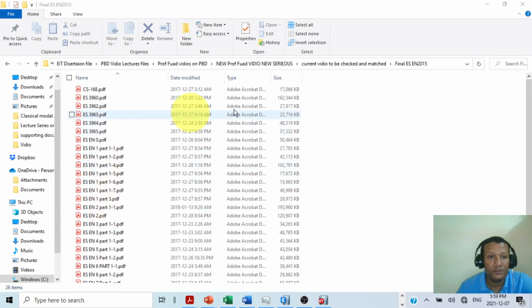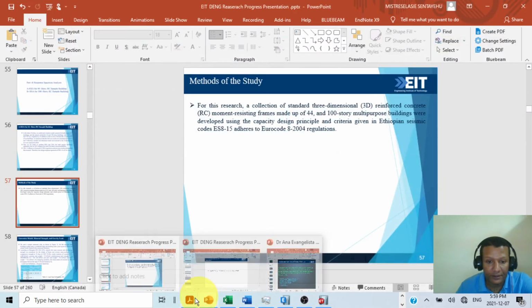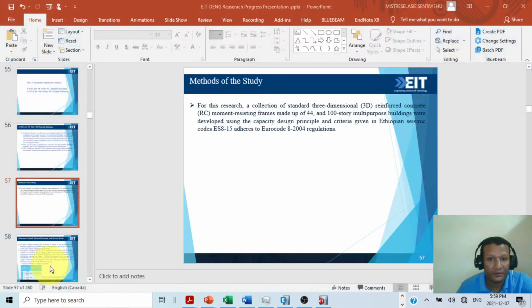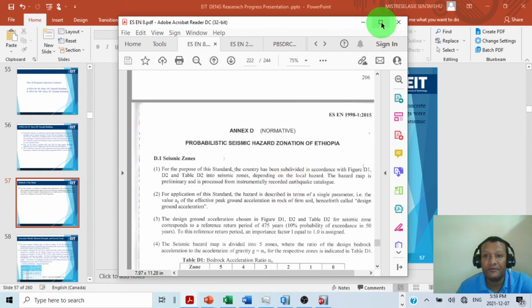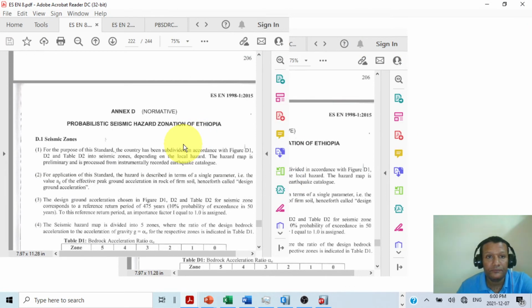This is the whole code, and this is the PDF file for seismic design of buildings.